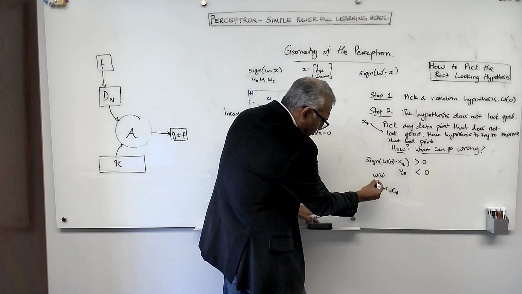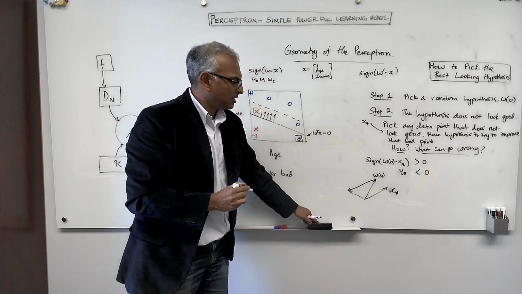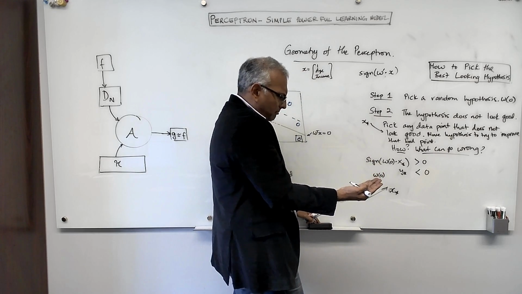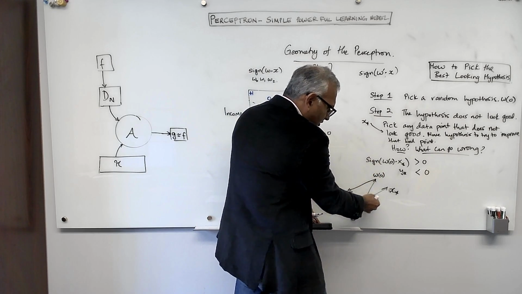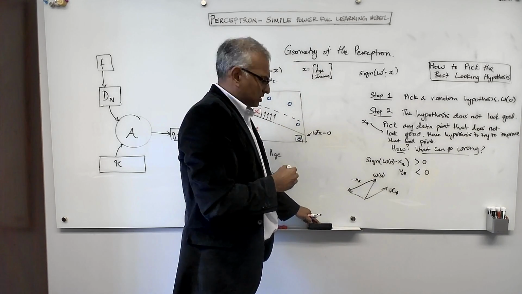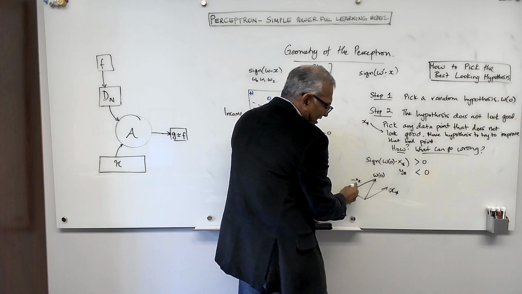Well, we have to add on to W0 this vector. But look, this vector is more or less the negative of this vector. So this is negative X star. So it suggests that we should add on to W0 the negative of X star.